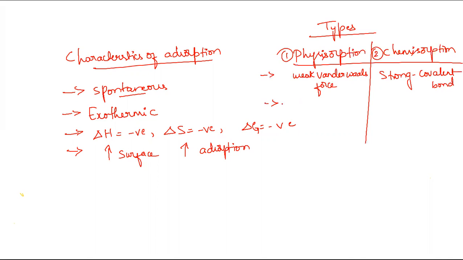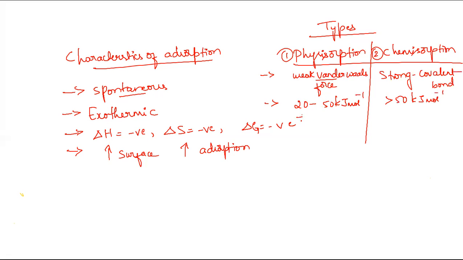And the heat of adsorption, that is enthalpy, will be low here since the force of attraction is weak. When it attracts, the energy released is also less. So that ranges between 20 to 50 kilojoules per mole. Whereas here it is very high, more than 50 kilojoules per mole, around 400 to 500. So all gases can be adsorbed.